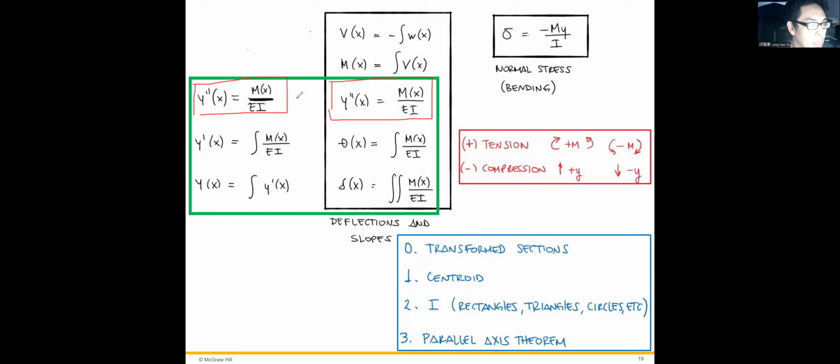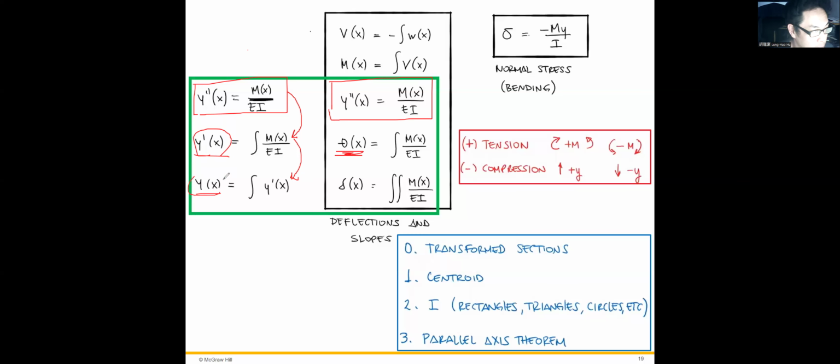So if we take the integration, we get the y prime and the y. And what is y prime? I already mentioned previously, y prime means the slope. And what is y?